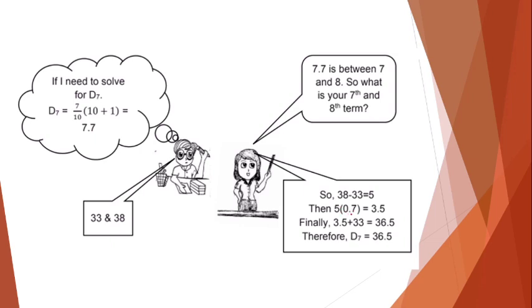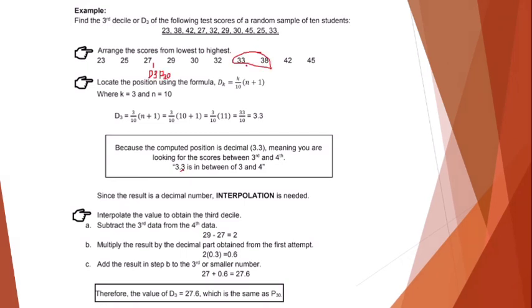So, 5 times 0.7 is 3.5. So, 3.5 plus 33 is 36.5. Therefore, your decile 7 is 36.5. Okay. So, your decile 7 or your percentile 70.